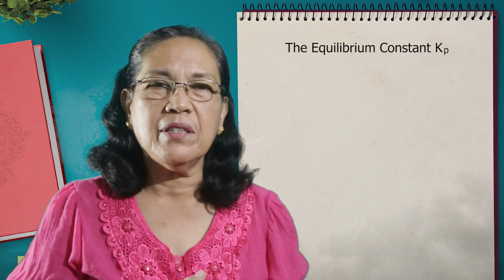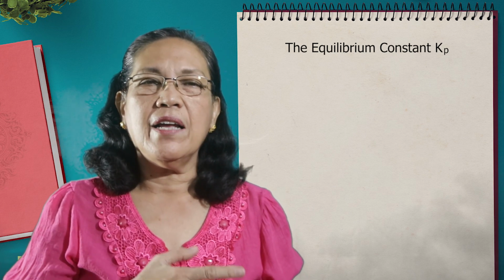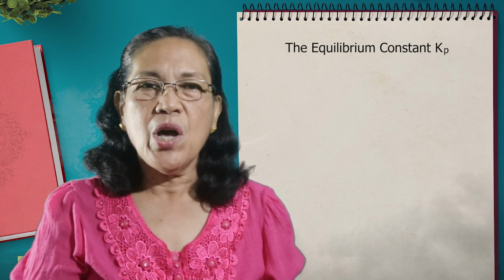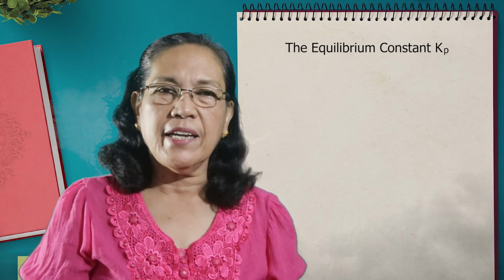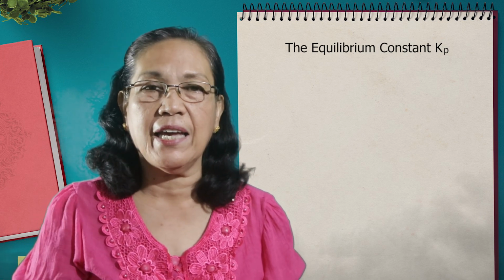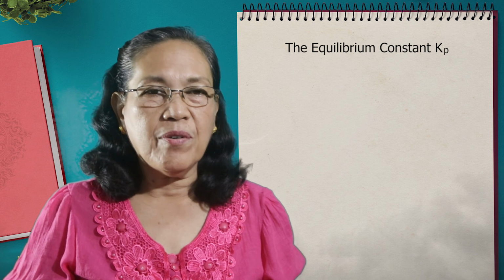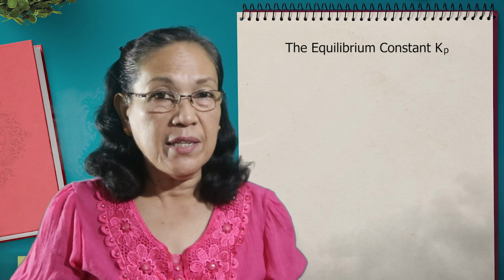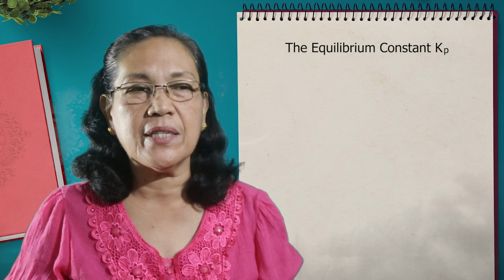Now, talking about electrolytes, there are the weak electrolytes and there are also strong electrolytes. Most of the inorganic substances, especially the metallic elements, form strong electrolytes. Why? Because they easily dissociate into ions.